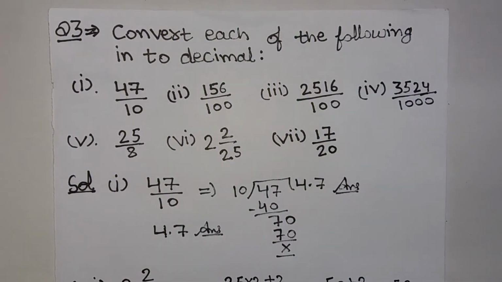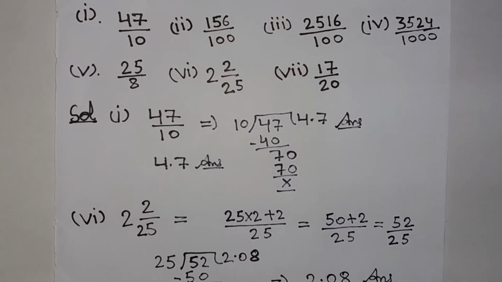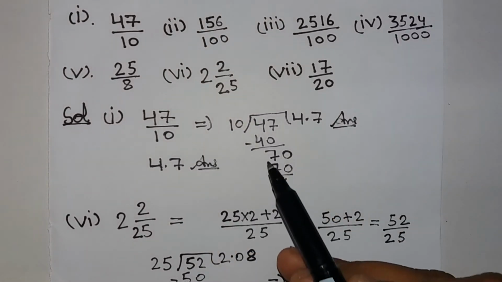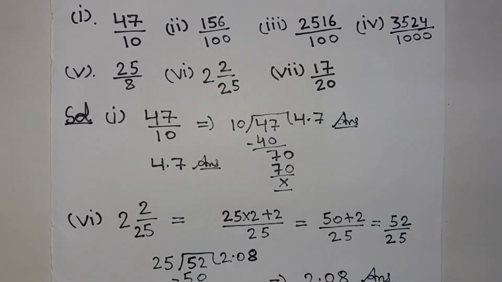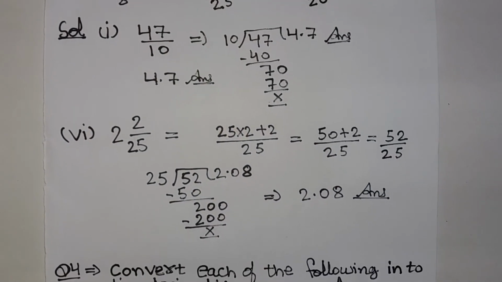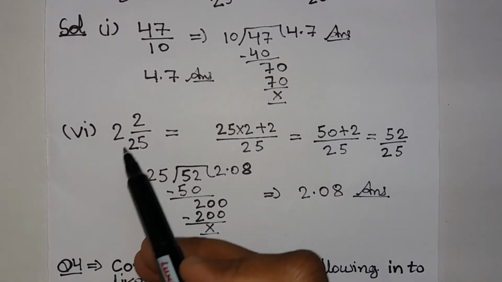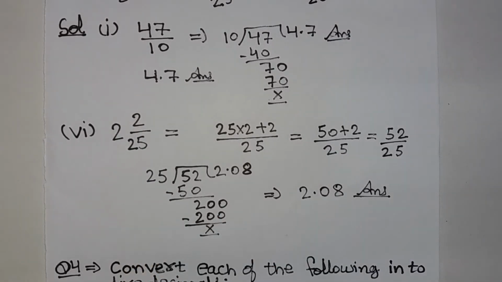In question number 3, convert each of the following into decimals. Here we have to convert them into decimals. So see its first part, that is 47 upon 10. Simple, we can divide it by 10, it will be 4.7. 4.7 will be the answer. See its sixth part, that is 2 whole 2 upon 25.